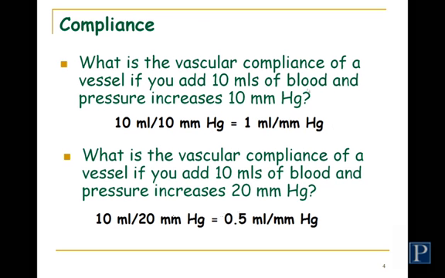So which of these two vessels is the most compliant? The vessel that is the most compliant is the one with the largest number. So I was able to get more blood in this vessel for the same pressure change. So this top one is more compliant.